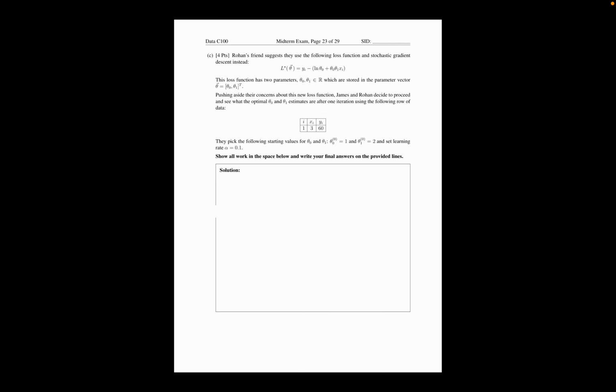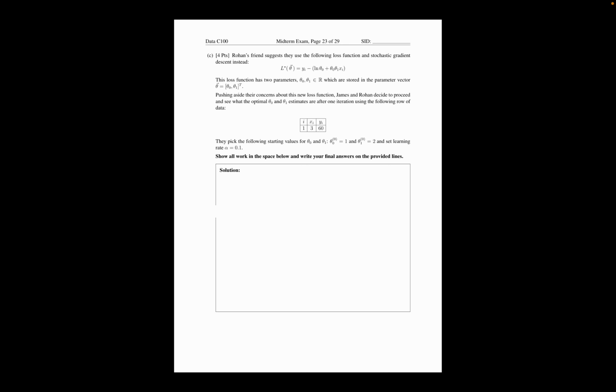So for part C, Rohan's friend suggests that they use the following loss function and the stochastic gradient descent instead. And we're given this loss function. And this loss function has two parameters, theta 0 and theta 1. And pushing aside anything about this new loss function, James and Rohan decide to proceed and see what the optimal theta 0 and theta 1 estimates are after one iteration using the following row of data.